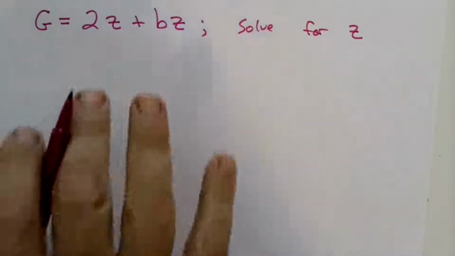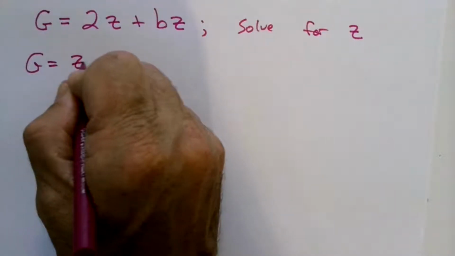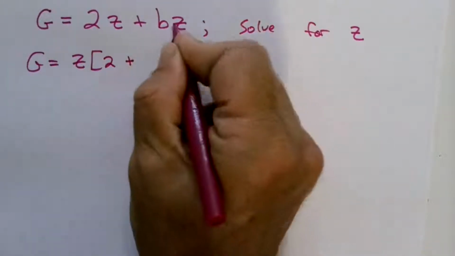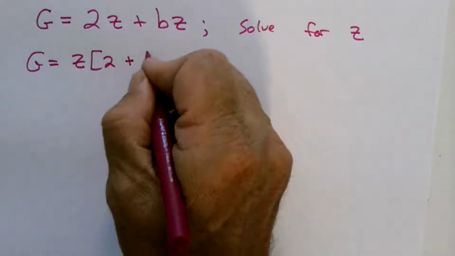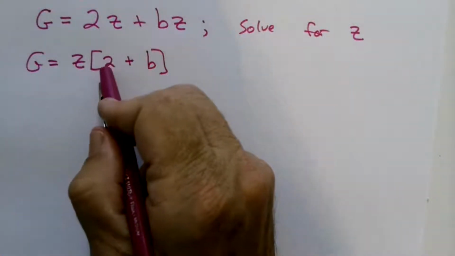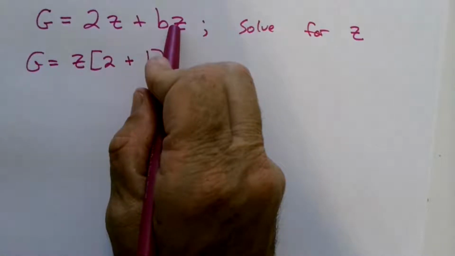If that happens, I need to factor it out. We're going to extract the Z. 2Z divided by Z is 2, plus BZ divided by Z is B. So I've done the opposite of multiplying: 2 times Z is 2Z, B times Z is BZ.